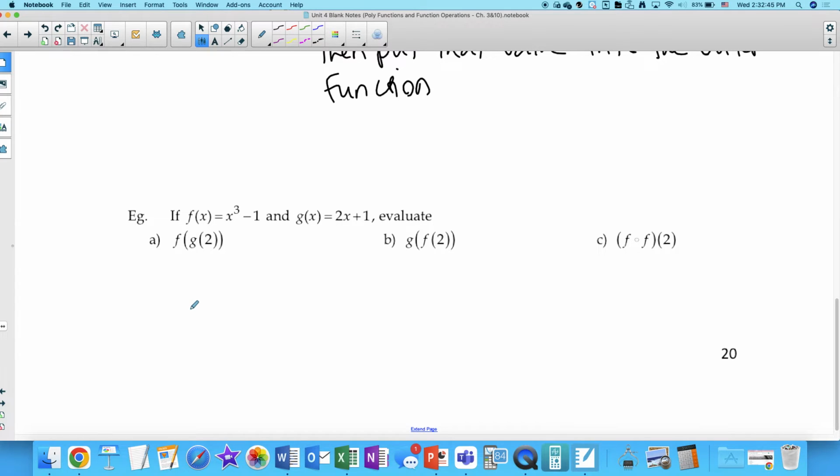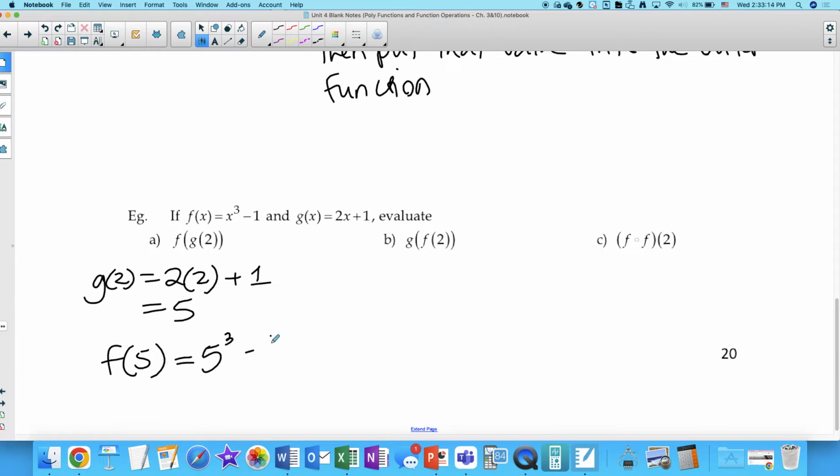G of 2 is equal to 2 times 2 plus 1, which is 5. Didn't I say if x is 2, y is 5? Okay. And then you take that 5 and put it into f of x, right? Now we're looking at f of 5, and that's 5 cubed minus 1. 125 minus 1 is 124. Okay, so you can do that.